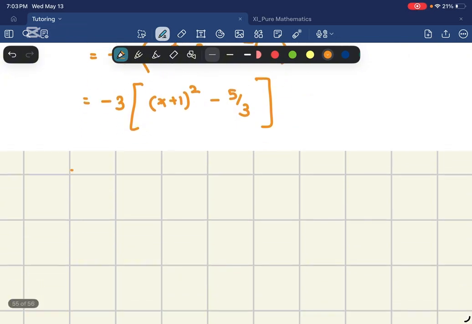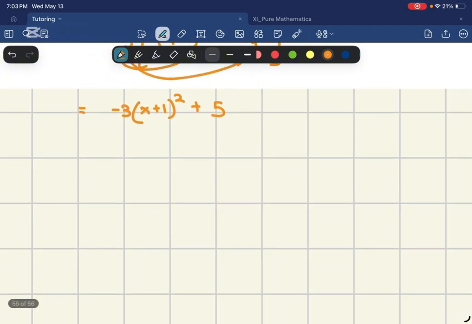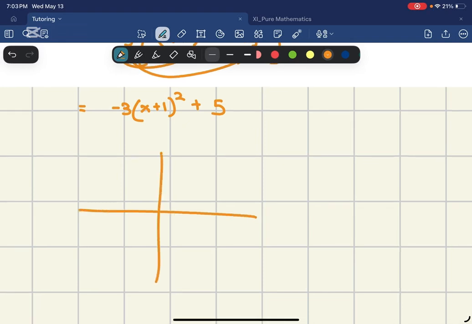All right. And then I can multiply by 3 inside again. So I have negative 3 times x plus 1 squared plus 5. All right. So now I can visualize the graph here. Negative 3 is just a stretch, but negative x squared has a graph of something like this.